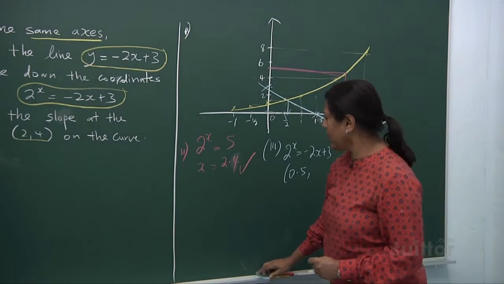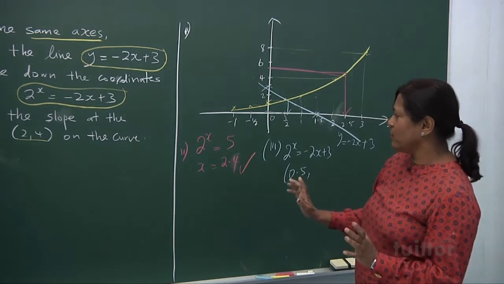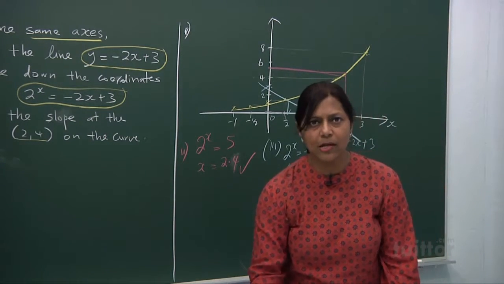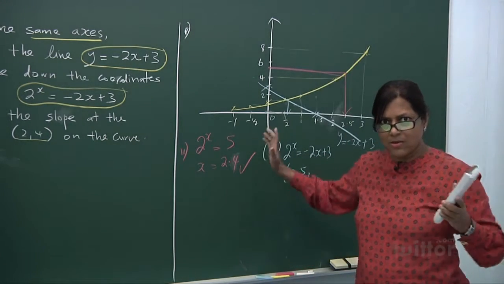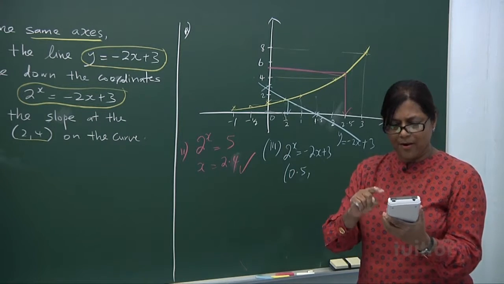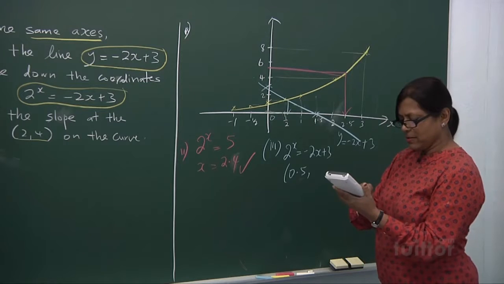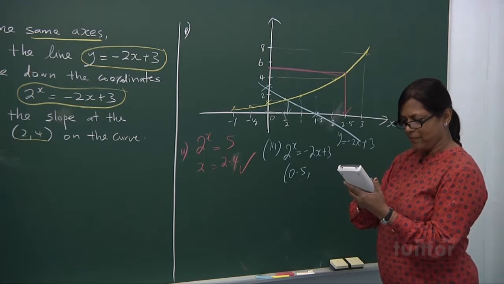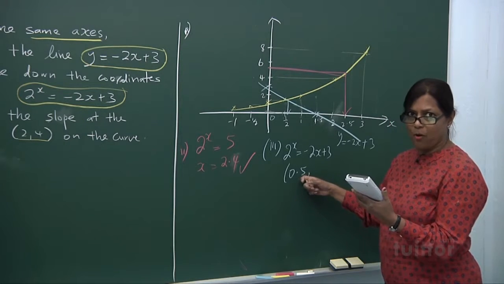Now let's look again. We said x is 0.5. Let's do a test again. Use your calculator, my dear. You're going to use the calculator in your graph to help you to see how far off you are. 2 to the power of 0.5. Press it and you get the answer 1.41.